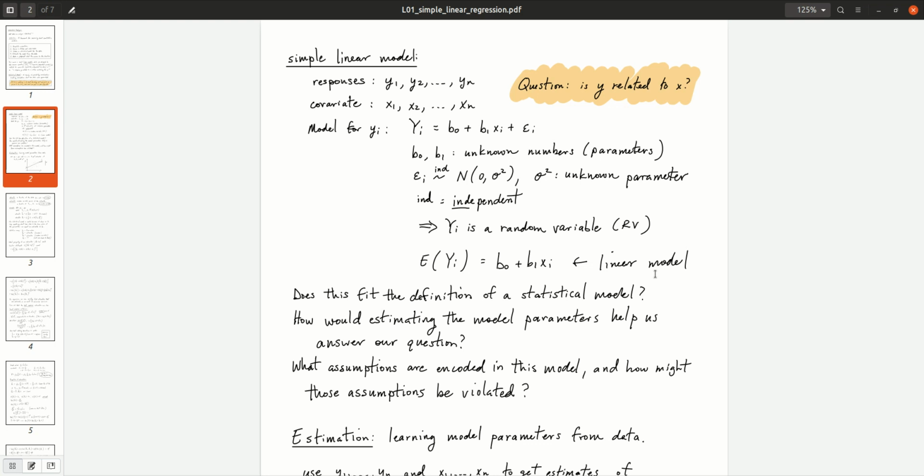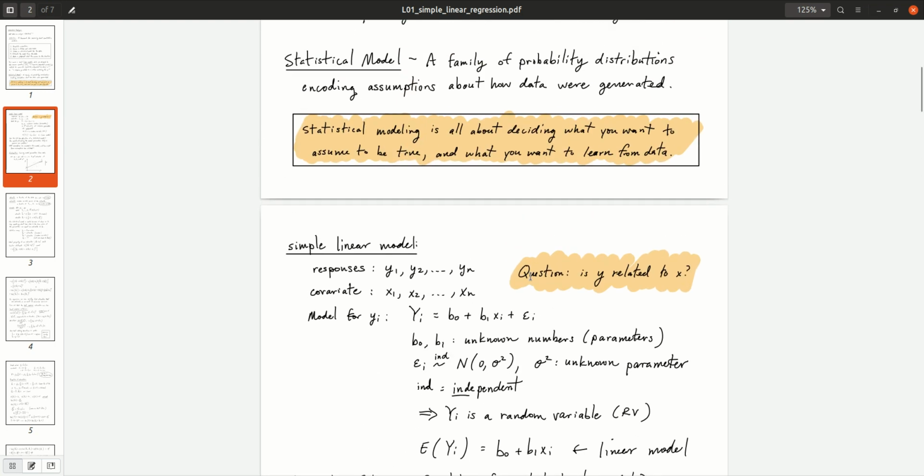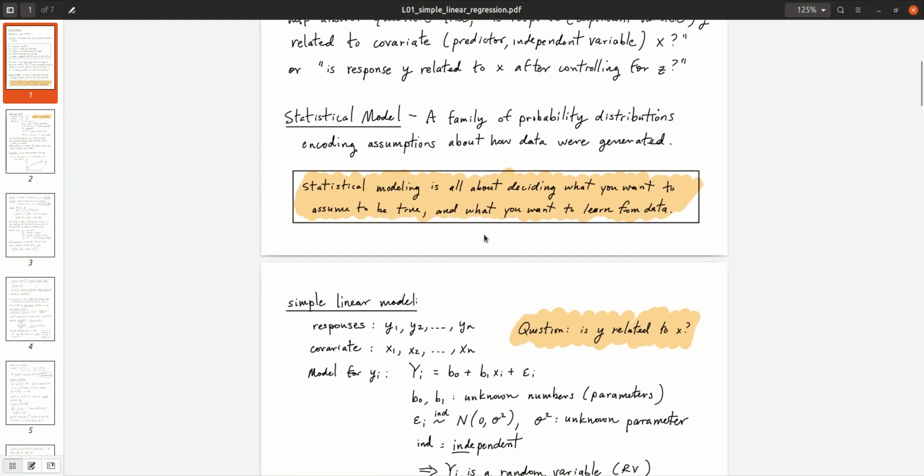So one of the assumptions that's encoded here is that the way that y is related to x is this linear relationship. And so if we can estimate these two parameters, b0 and b1, we can say something about what that linear relationship is. So this goes back to my point above, that statistical modeling is all about deciding what you want to assume to be true and what you want to learn from the data.